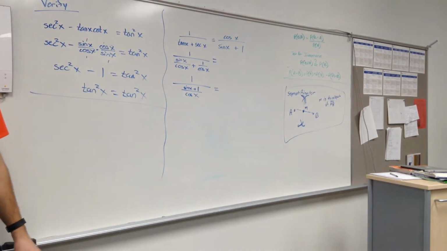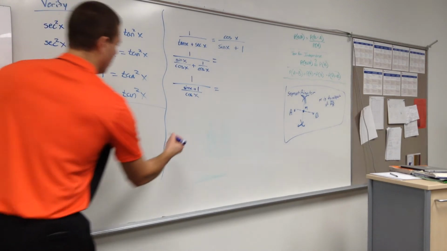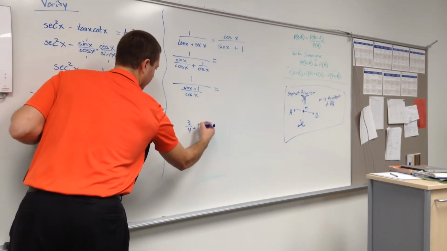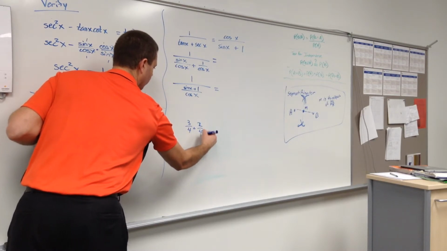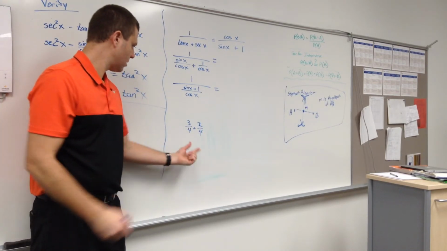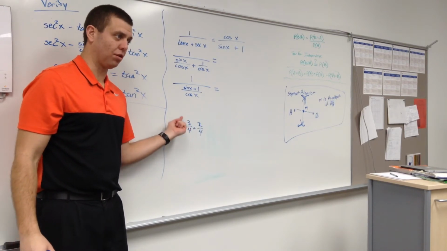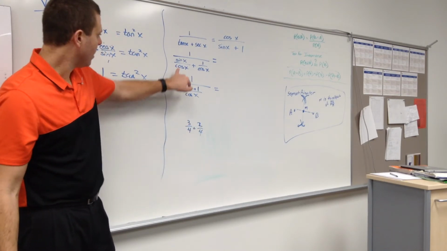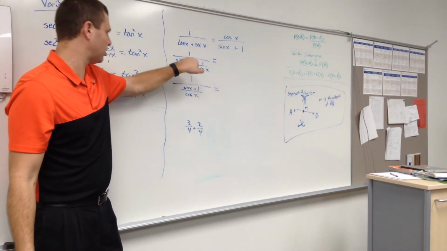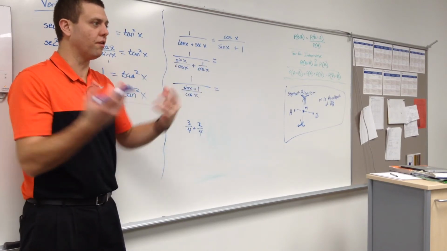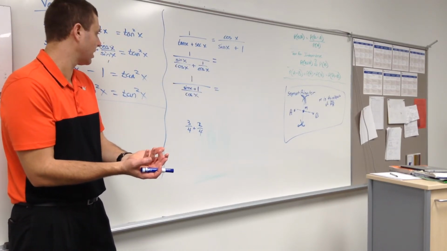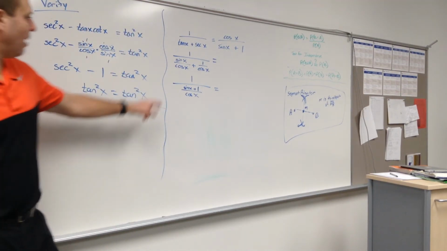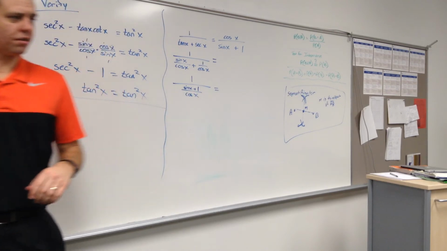For those of you that are forgetting how to add fractions, if you would take 3 over 4 plus 2 over 4, you just add what's on top, right? It'd be 3 plus 2 all over 4, which is 5 over 4. But because they have the same denominator, it's just sine of x plus 1 all over that common denominator, which in this case is cosine. So now I have 1 divided by a fraction.